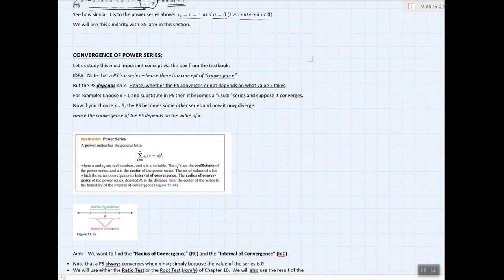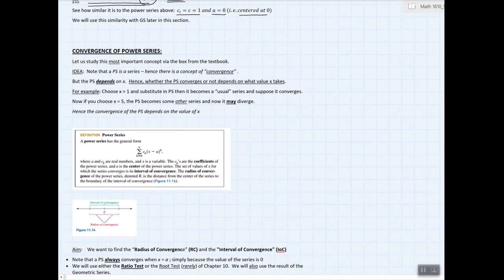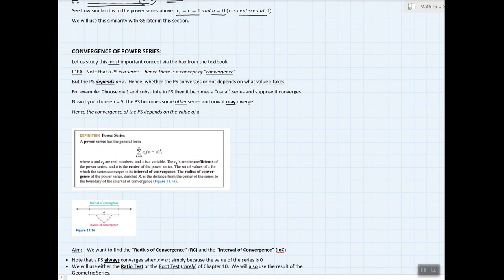The main important thing in this particular section is to understand the idea of convergence of power series. That's the most important concept. The idea is as follows. First thing to note is that a power series is a series, obviously, the word series. Hence, there is a concept of convergence.